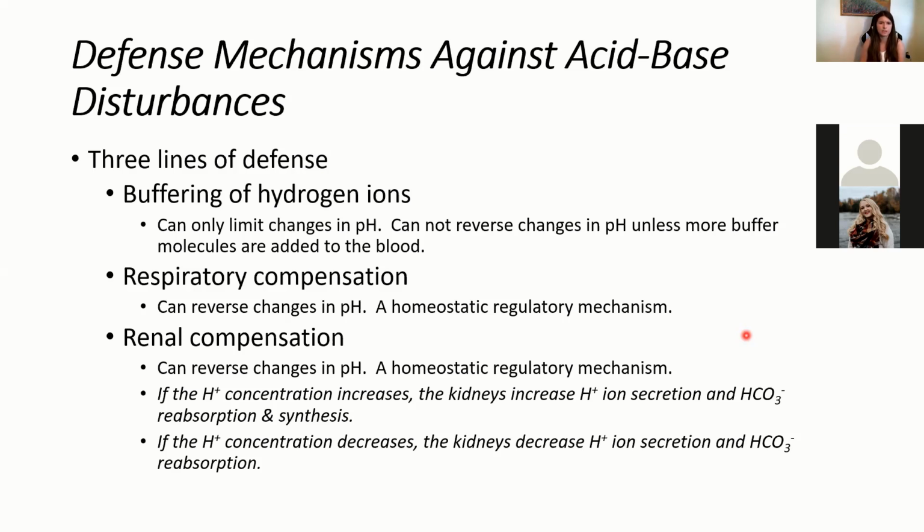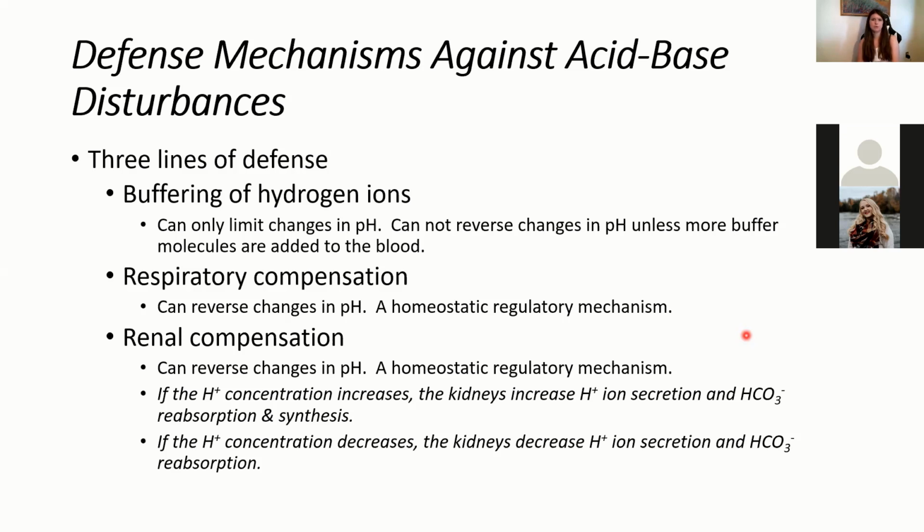So we have two longer term ways that we can affect the pH of the blood. Just like the kidneys and our respiratory system can mess up the pH of our plasma, they can also fix it. So we can compensate through our respiratory system to reverse a change in pH.